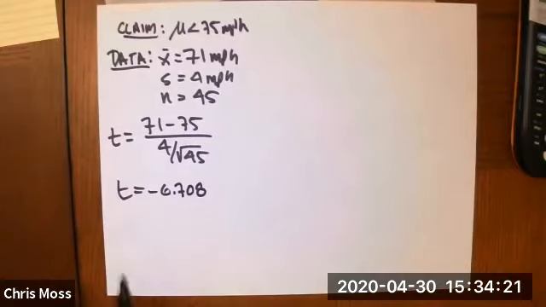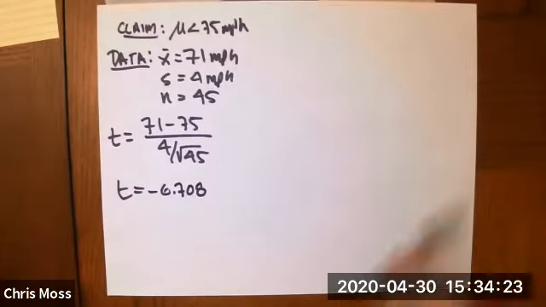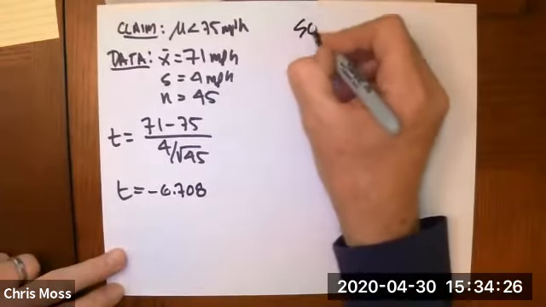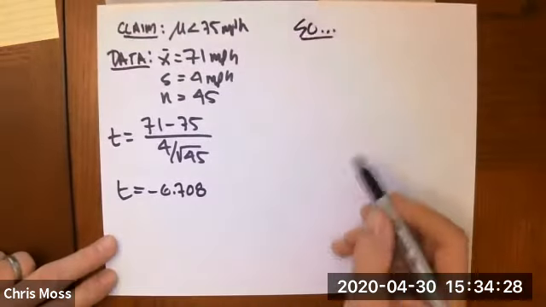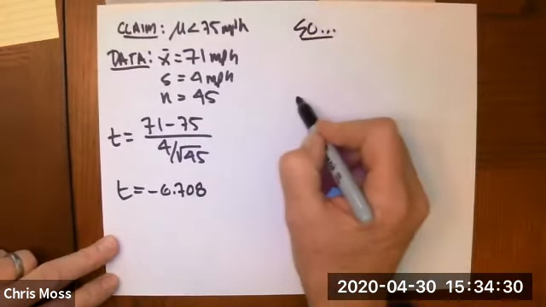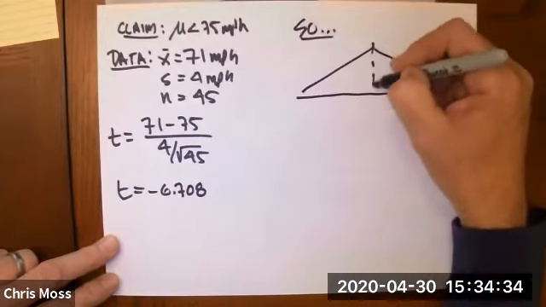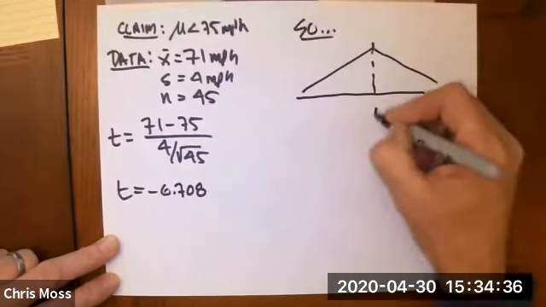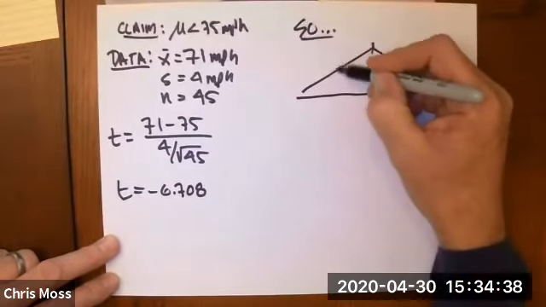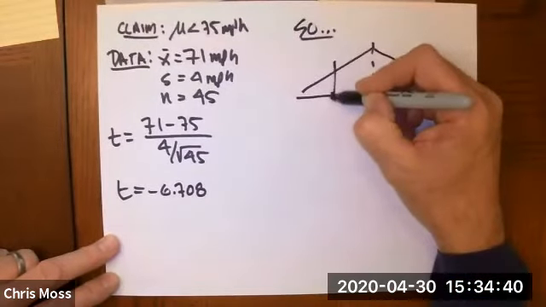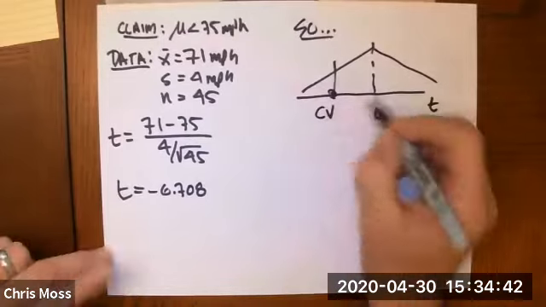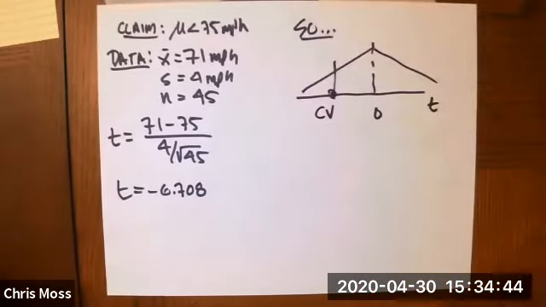All right, now let's talk a little bit about how we actually use that. As I mentioned before, pictures usually work very nicely to illustrate this. We're using the t-distribution. There's a 0 there. We have a critical value somewhere in there.